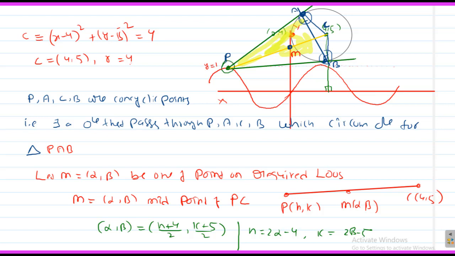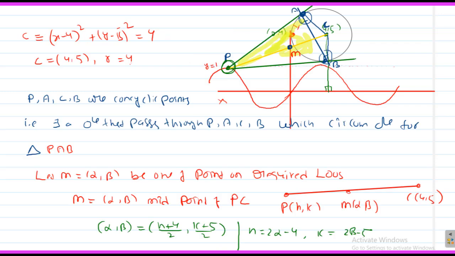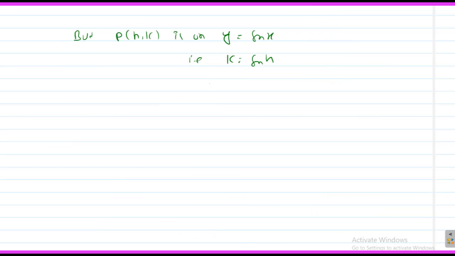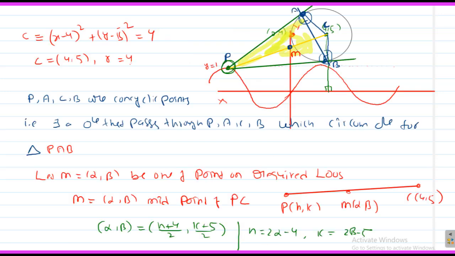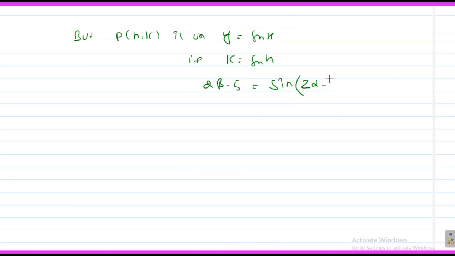But H comma K is a point on the curve y equal to sin x. So K equal to sin H. K means 2 beta minus 5, and H means 2 alpha minus 4. So 2 beta minus 5 equals sin of 2 alpha minus 4.